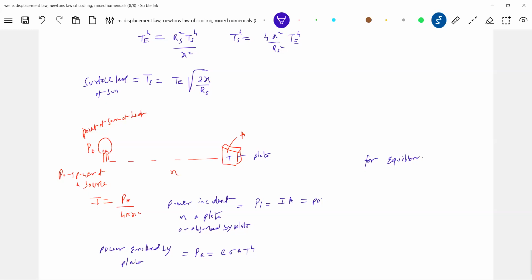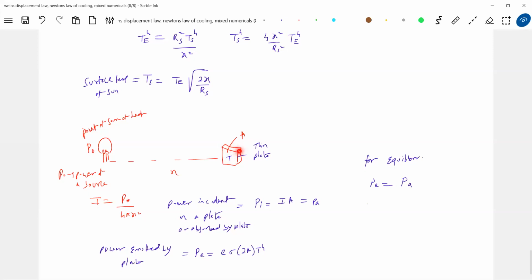For equilibrium, you can write power emitted is equal to power absorbed. Power emitted is what? Shall I write 2A for a thin plate? Now, why 2A? Anybody wants to reply?